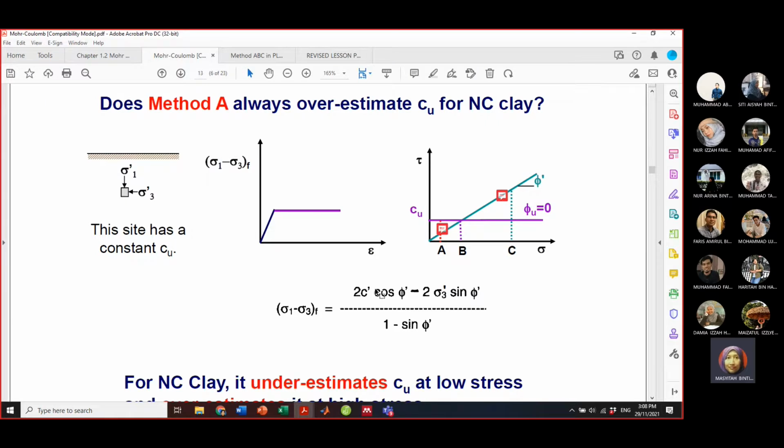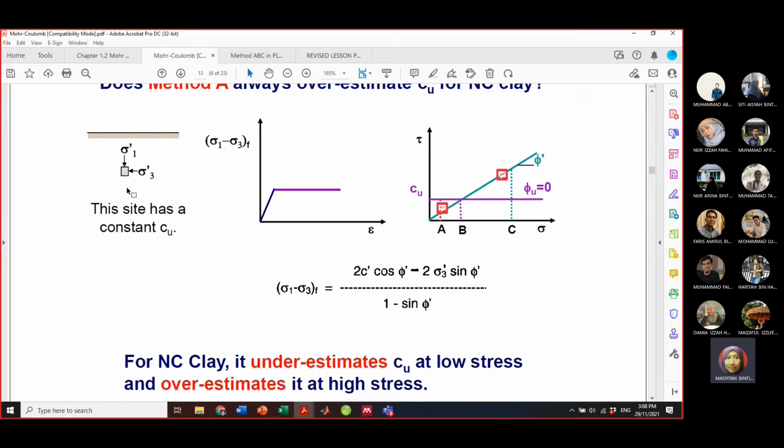Okay, untuk this case kalau kata kita ada satu stress at certain depth, the stress subjected to effective sigma 1, effective sigma 3, kemudian you buat deviatoric final stress, and this is the exactly happen ataupun kita assume dia dalam normal consolidated clay, and yang ni adalah equation yang you nak calculate lah what is the failure stress dia kan. You can have this equation.